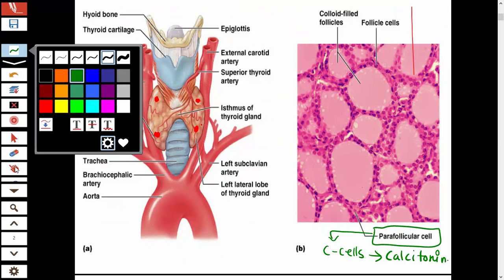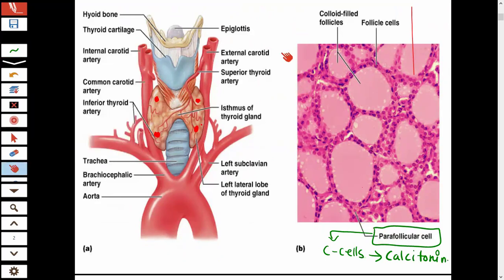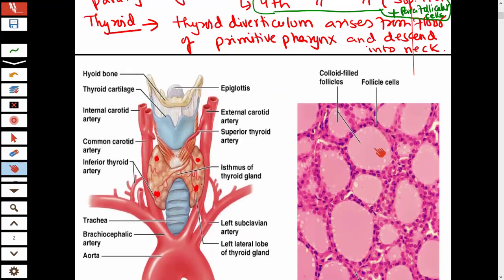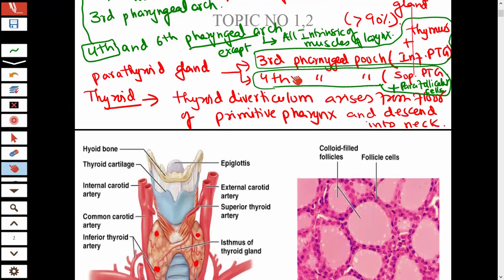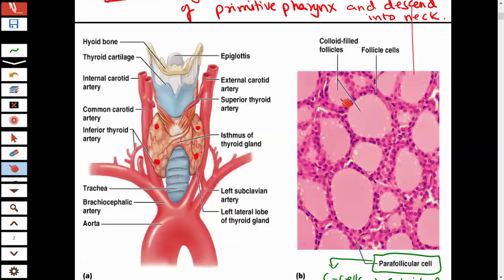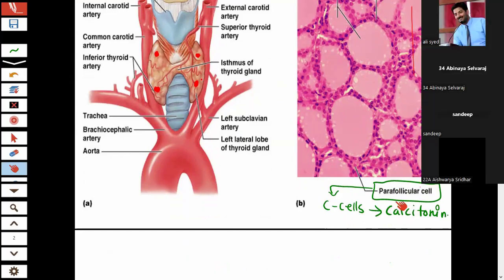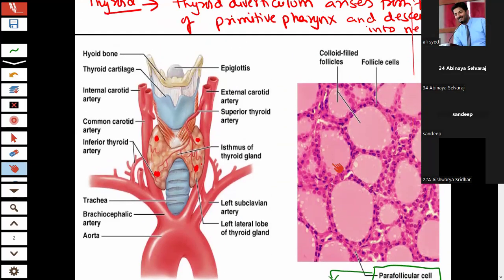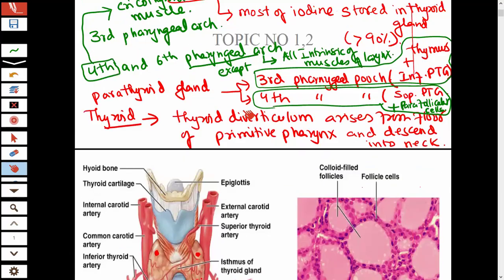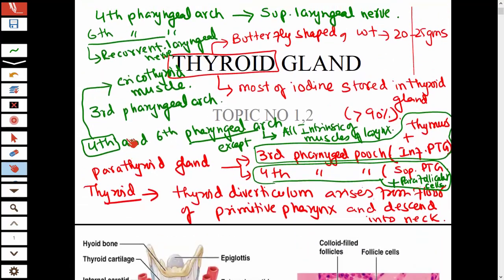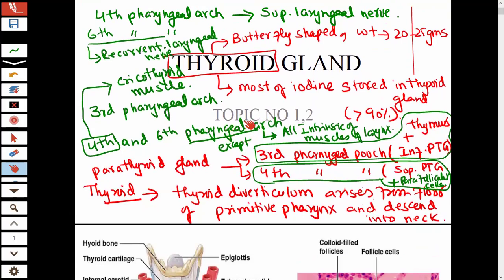So if I am going to ask you, parafollicular cells are derived from where? Your answer will be, sir, parafollicular cells are derived from the fourth pharyngeal pouch, and these parafollicular cells are also known as C cells, and they are going to release calcitonin. Okay, then you must know the fourth and sixth pharyngeal arches.